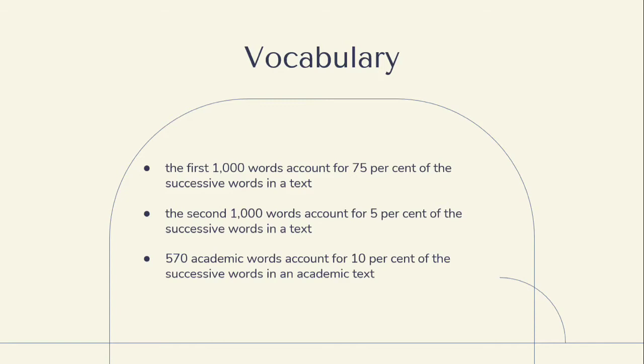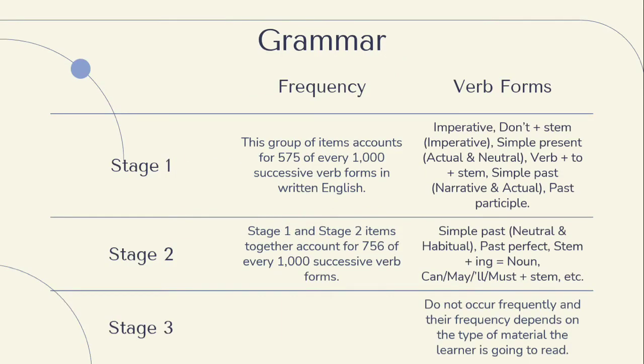The first 1,000 words account for 75% of the successive words in a text, the second 1,000 words account for 5% of the successive words in a text, and the last one, 570 academic words, account for 10% of the successive words in an academic text.